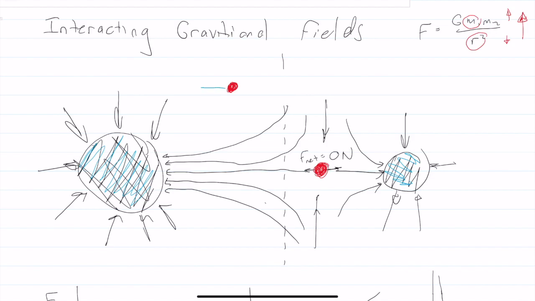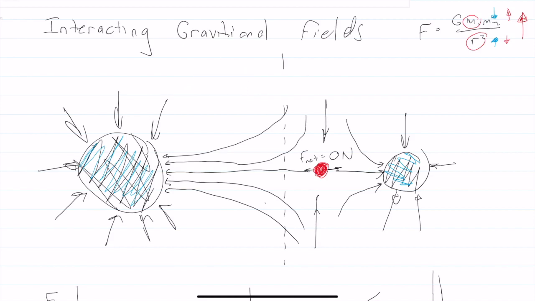Once again, we have a very strong force to the left. On the right-hand side, my r is going up and my mass is going down, so my numerator is going down and my denominator is going up, resulting in a smaller force. So my object is going to accelerate to the left once again.